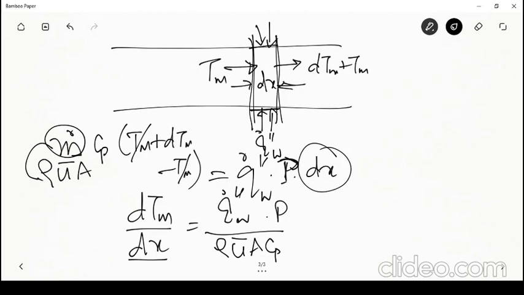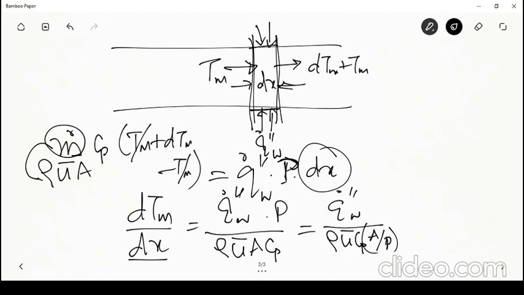This dx will go down here, and so you get dTm by dx is equal to q dot into perimeter divided by rho u a Cp, and now we can combine this as q dot double prime at wall divided by rho u bar Cp multiplied by a by p.